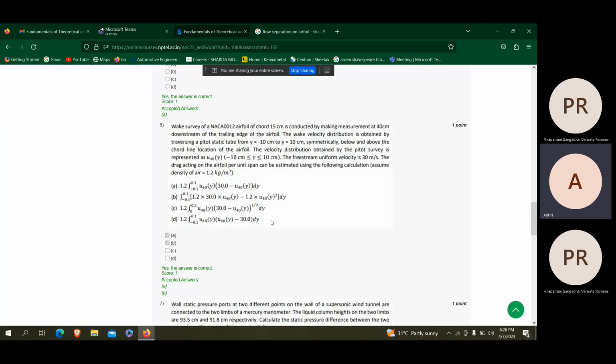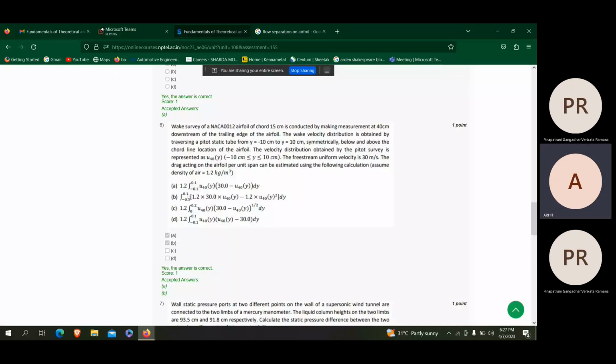But basically, sir, I was not able to understand in the lecture video about this wake analysis, wake survey. If you can separately make me understand this concept of wake survey using the Rayleigh Pitot arrangement. It's an integration of the wake momentum deficit concept that you are trying to understand. Yes, sir, momentum deficit concept.